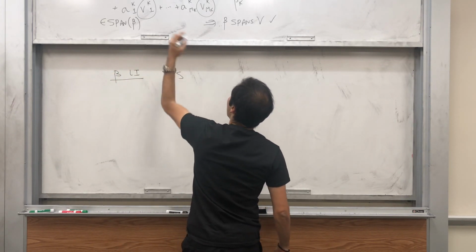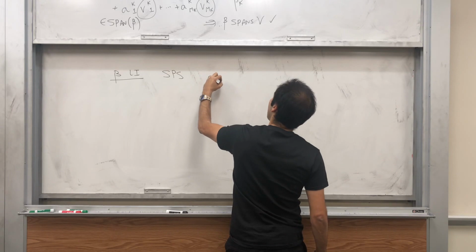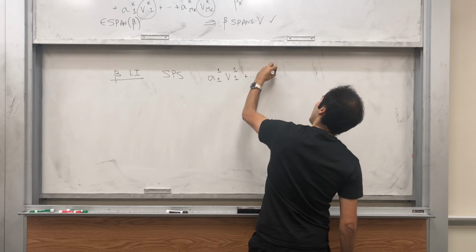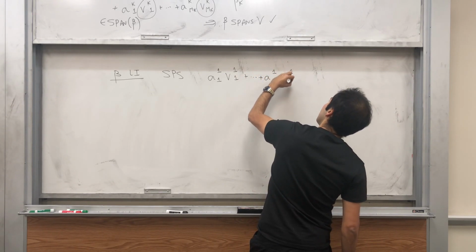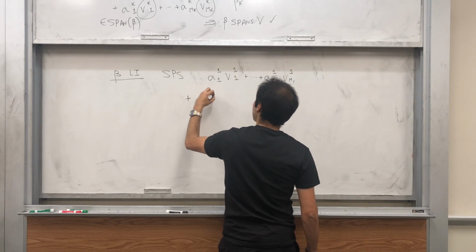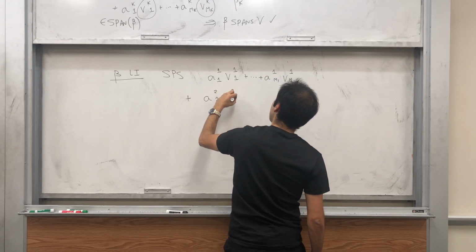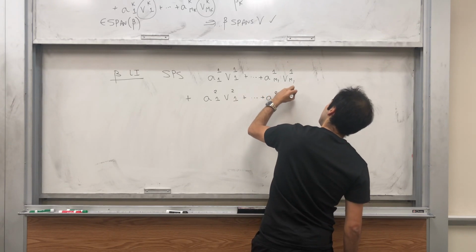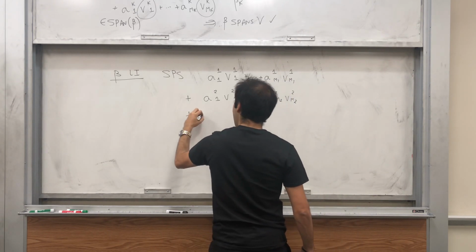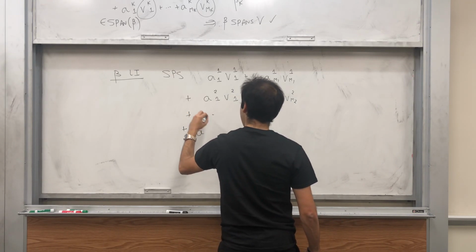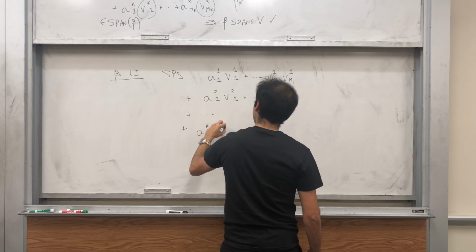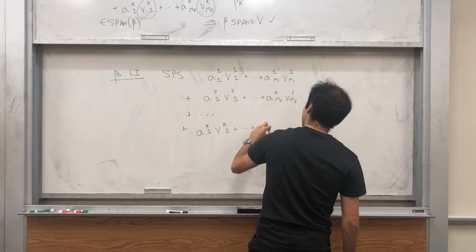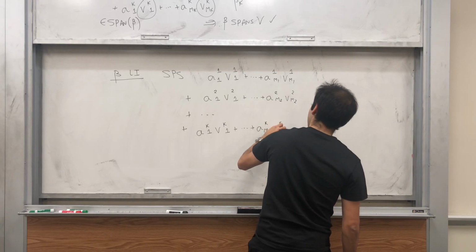So suppose, again, a11 v11 plus dot dot dot plus a1 m1 v1 m1, plus a21 v21 plus dot dot dot plus a2 m2 v2 m2, plus everything, plus ak1 vk1, plus dot dot dot, plus ak mk vk mk.